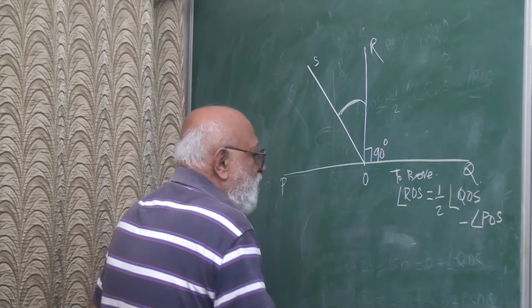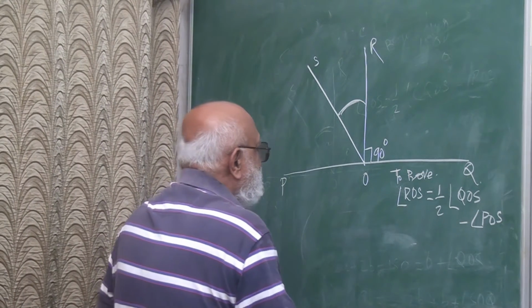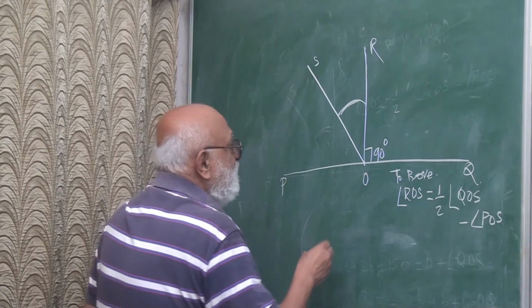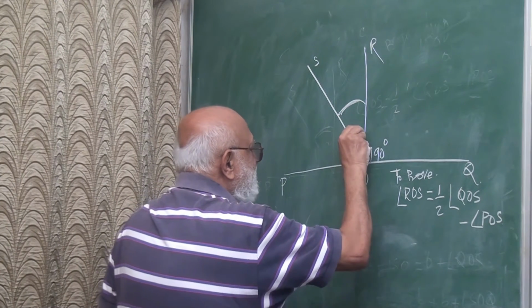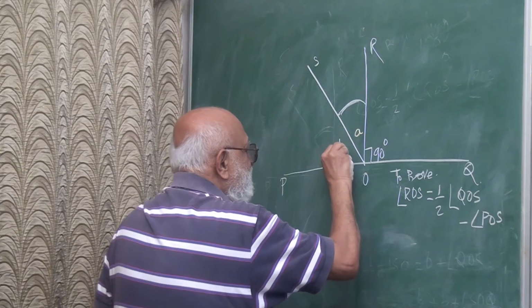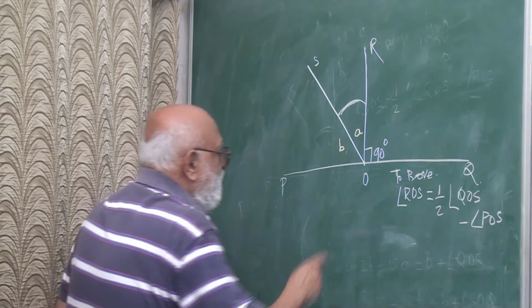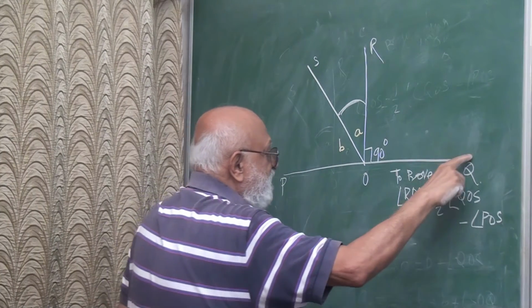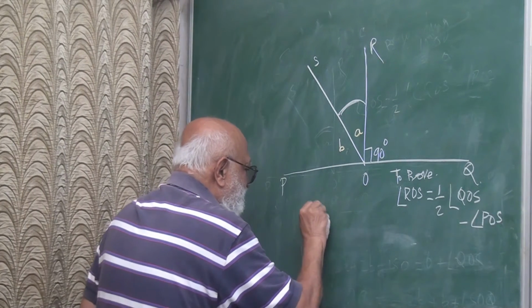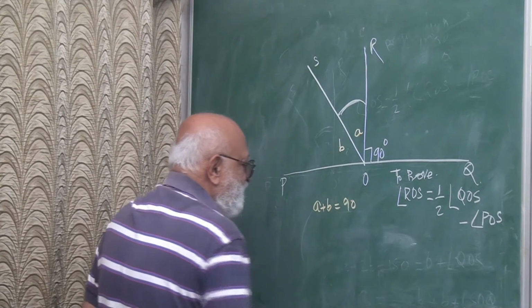Okay, let's go into our notations because we don't have to then keep on writing angle this and angle that. So let me write this angle ROS as A, this angle as B, right? So I can write, since this is 90 and this is a straight line given, A plus B equal to 90, right?